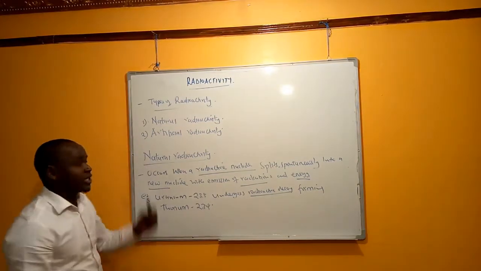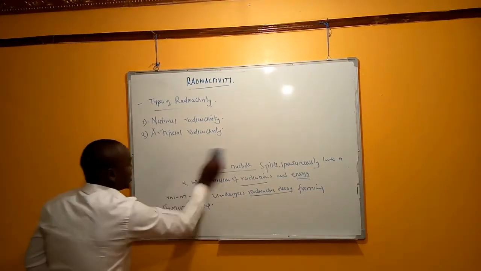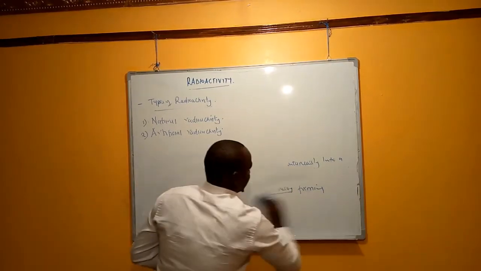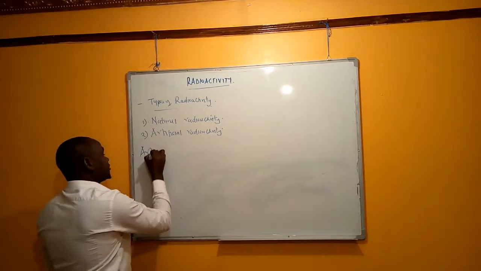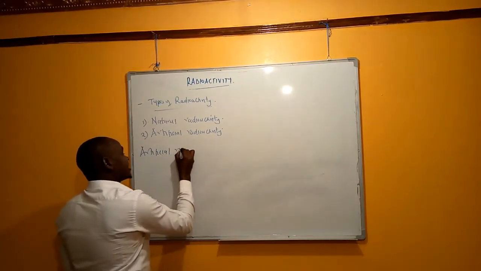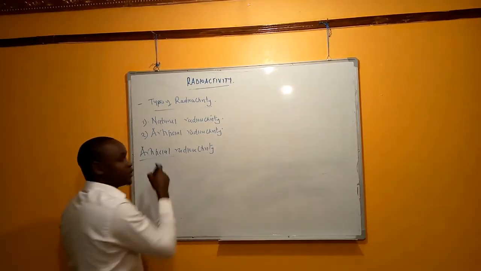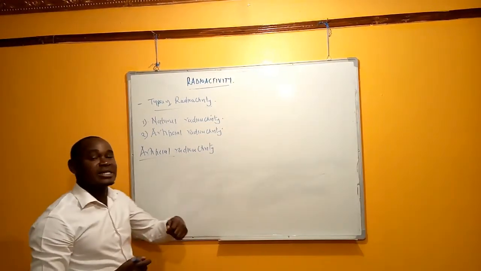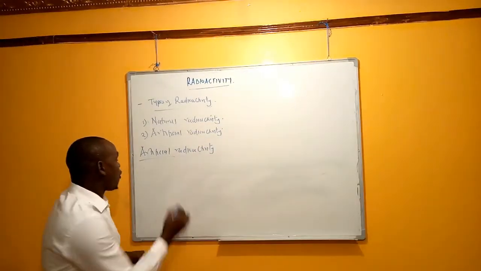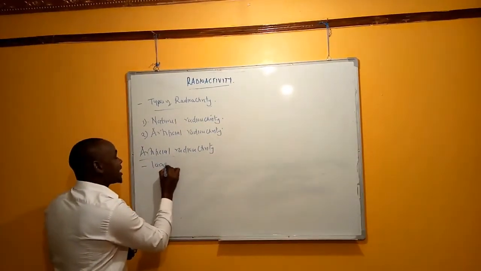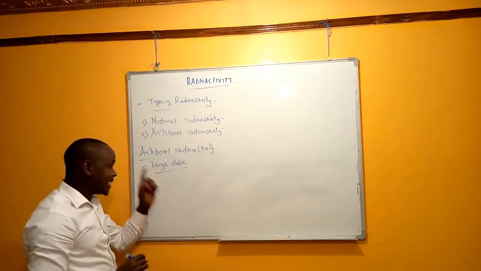Now, let us look at what is artificial radioactivity. As the word dictates, it is artificial. It is from some influence. So we say that artificial radioactivity occurs when large stable nuclides, the key words are large and stable.